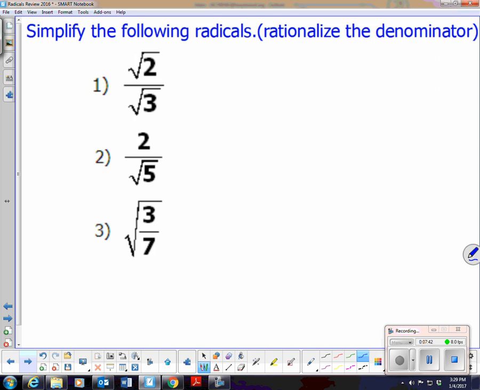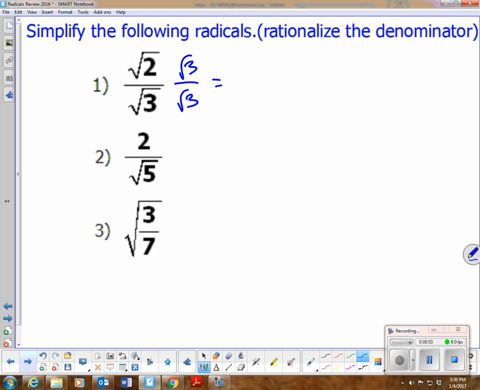Okay, so if we take these problems here, I have the square root of 2 over the square root of 3. This is breaking the first rule, that we cannot have a radical in the denominator. So we're going to multiply by 1. The version of 1 we want to use here is we want to get rid of the radical denominator, so we want to make that denominator a perfect square. I do that by multiplying the top and the bottom by the square root of 3, which is my version of 1 here.